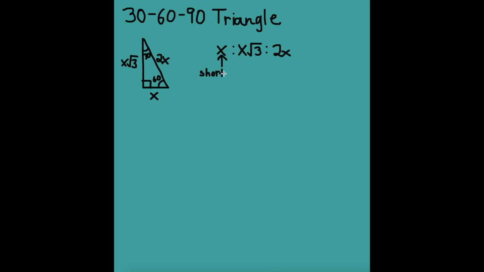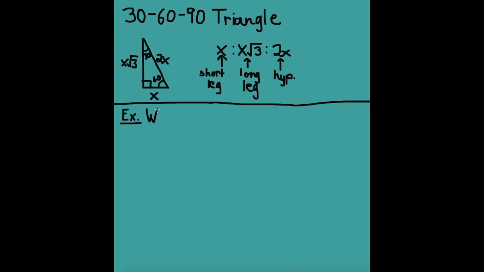X is the shorter leg, x root 3 is the longer leg, and 2x is the hypotenuse. So let's do some practice problems. What is the hypotenuse of a 30, 60, 90 triangle with the shorter leg of 2?